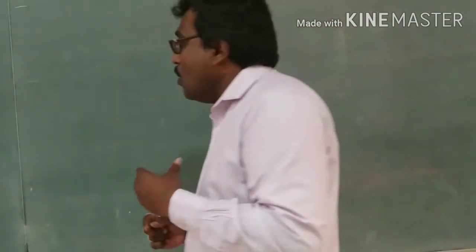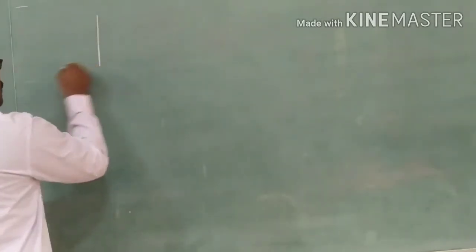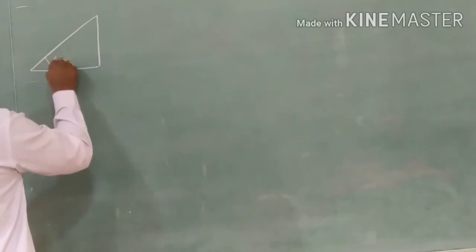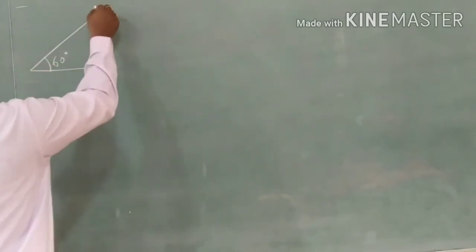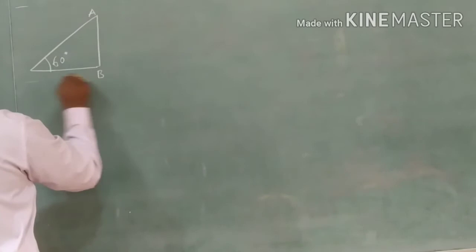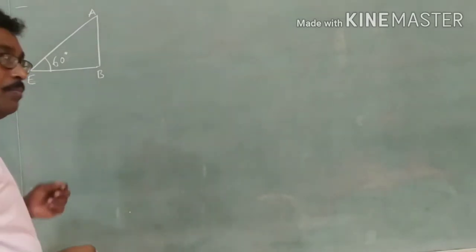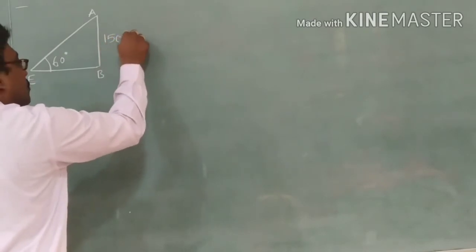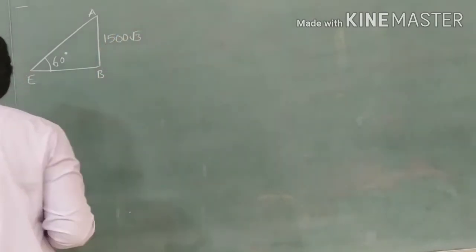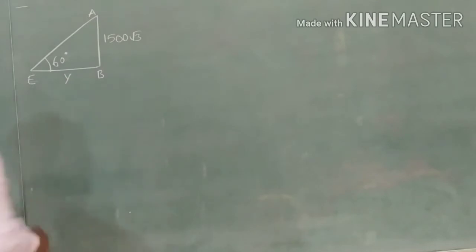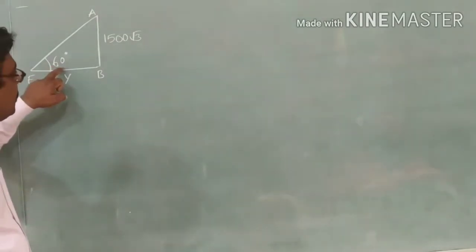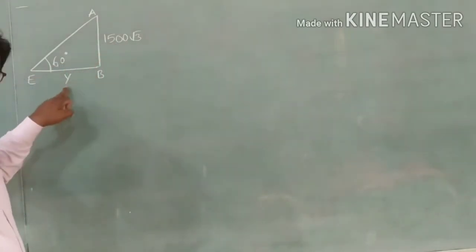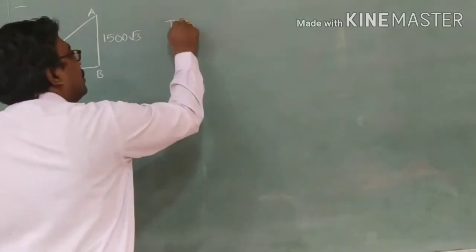First, I am taking the 60 degrees triangle. So this is 60 degrees. In triangle ABE, AB is already written as 1500 root 3 meters, and BE we consider as Y. With respect to 60, it is opposite and adjacent, so we should take tan only.